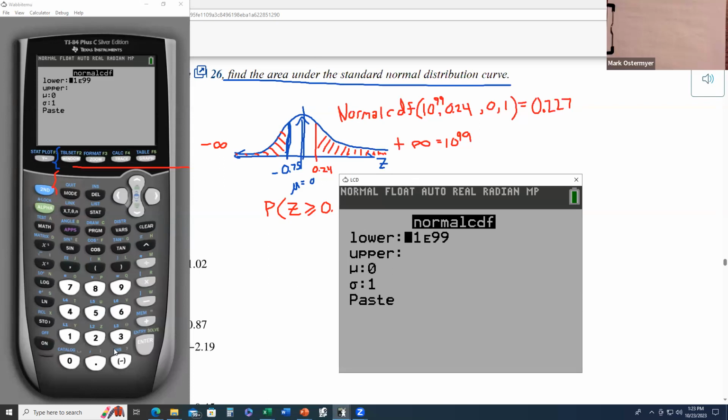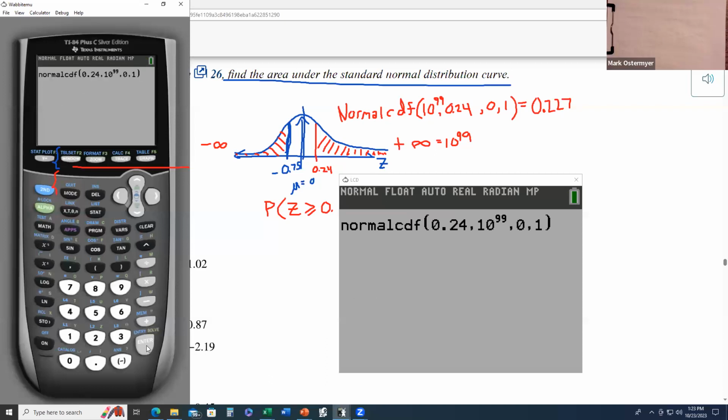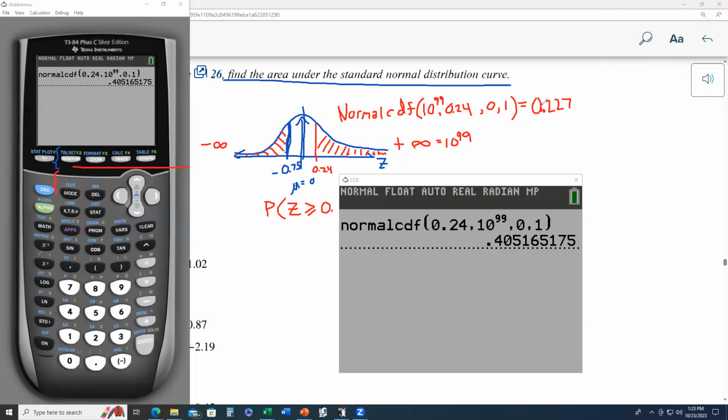Positive 0.24. Upper end point is positive infinity, which we just type in positive 10 raised to the 99th power. 0 and 1 are the mean and standard deviation, still a standard normal distribution. Hit enter, and did you get that probability about 0.405? Are we getting that? Yep. So this is now going to be 0.405.